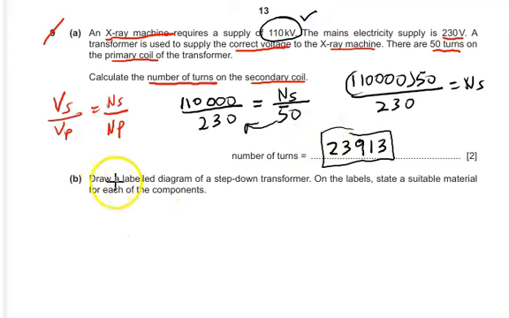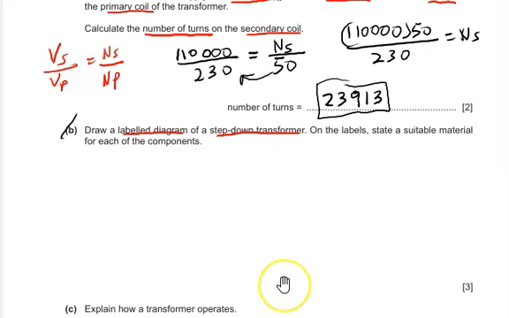Okay, the second one. Draw a labelled diagram of a step-down transformer. On the label, state a suitable material for each of the components. So to draw a transformer, you just need to draw a square.